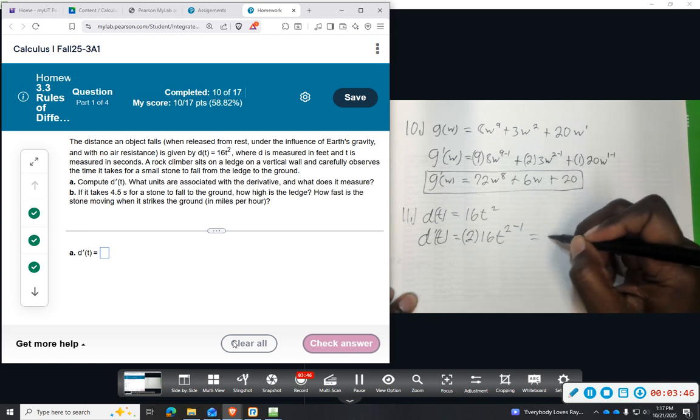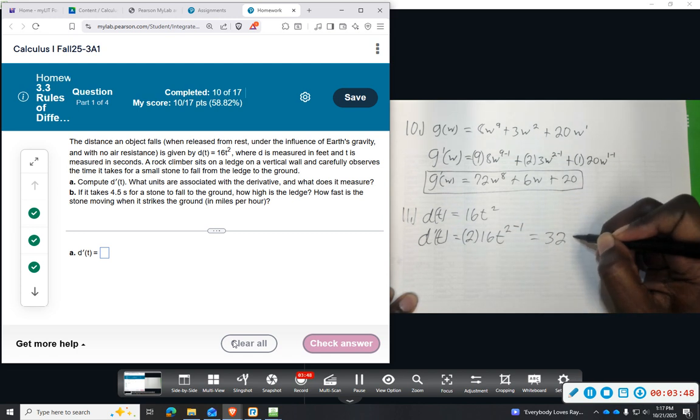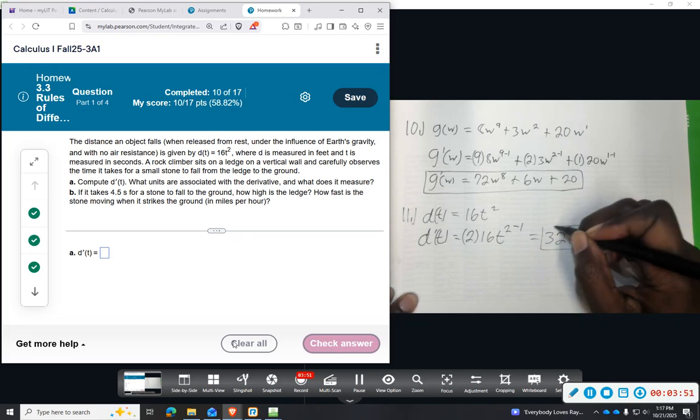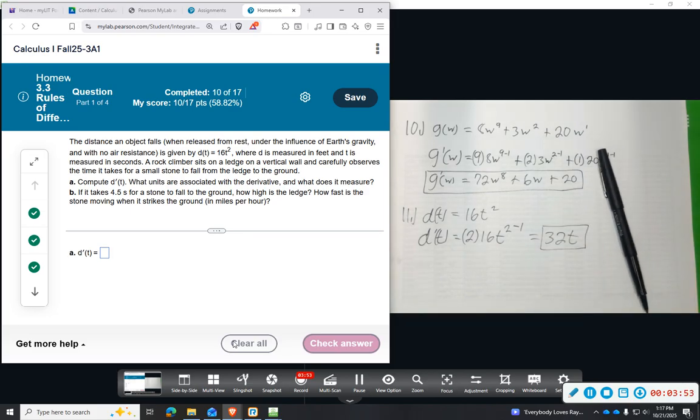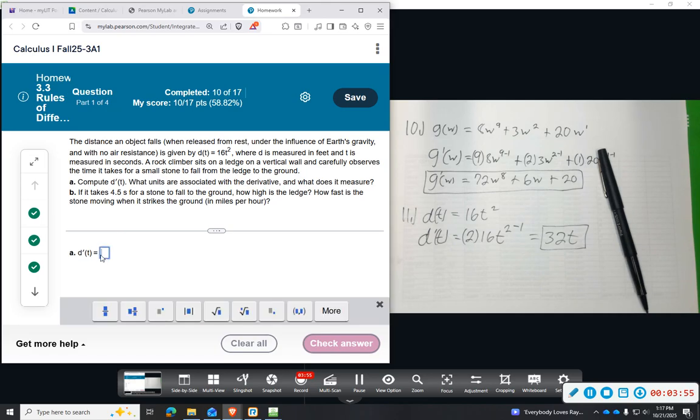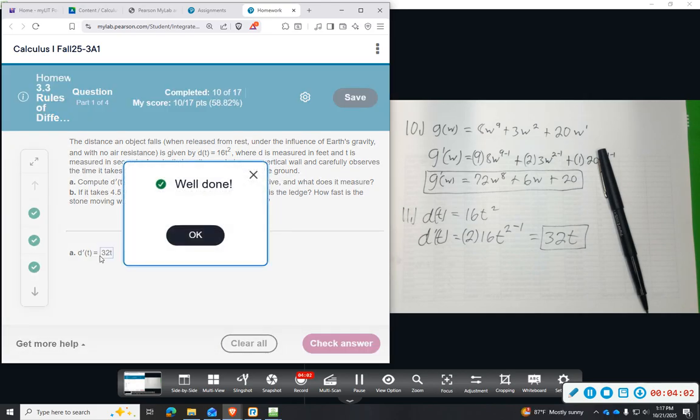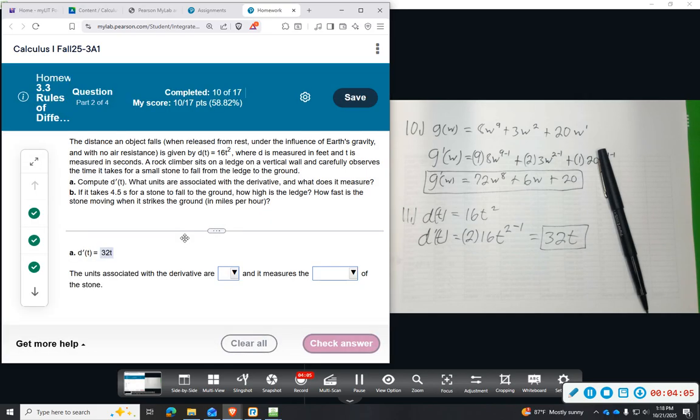So that will give us 32t. This will be our derivative. So the units associated with the derivative are going to be feet per second, and it measures the velocity, the speed of the stone.